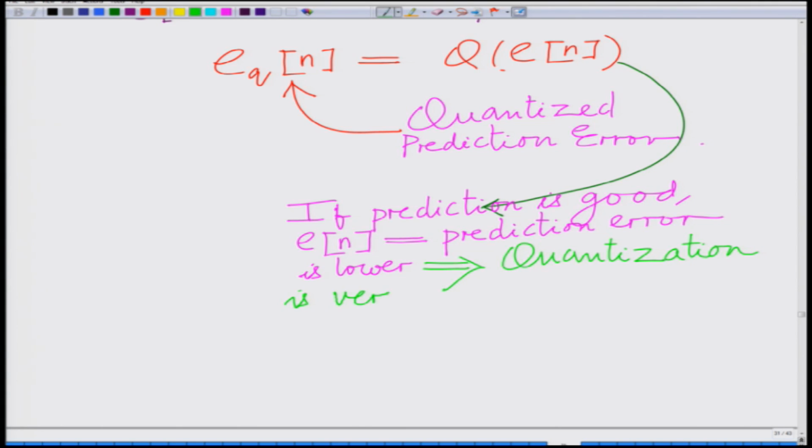This implies that the quantization is very efficient. Therefore, we need very accurate prediction. In DPCM we need very accurate prediction.